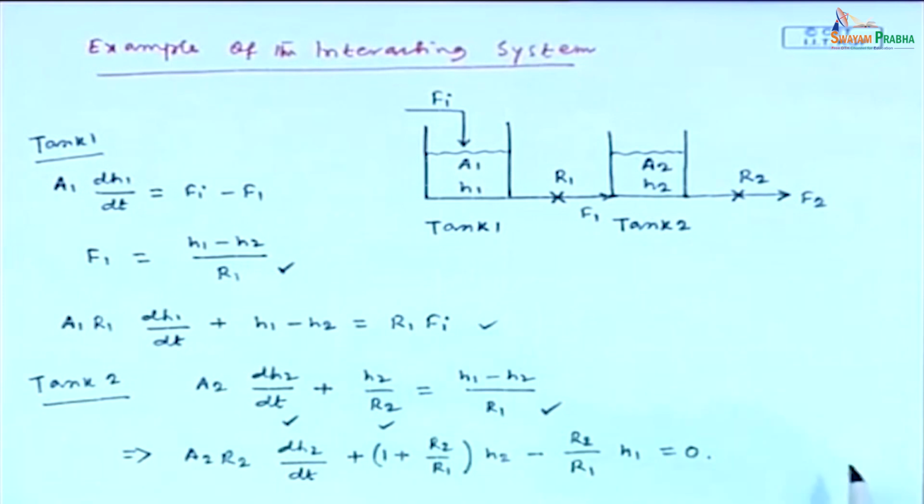By rearranging the modeling equation for tank 2, finally we get this equation. Fine. Now we wish to write these two equations in terms of deviation variables.